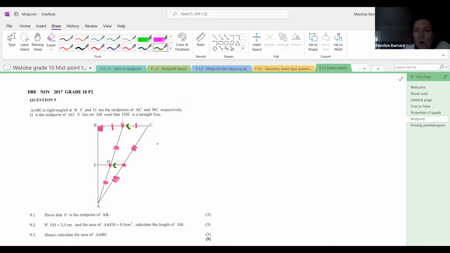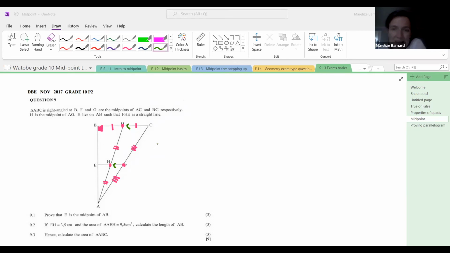Anamika says yes. Why, Anamika? You must give a reason. Can someone help Anamika? Muneti says yes, because of the midpoint theorem. It's not that reason, it's the other one.